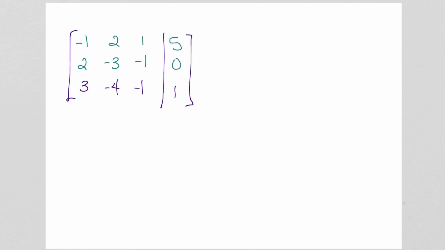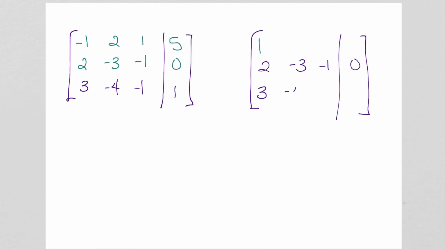Okay, so now how would we get, just changing row 1, so that this first spot is 1? And the other 2 rows stay the same for now.